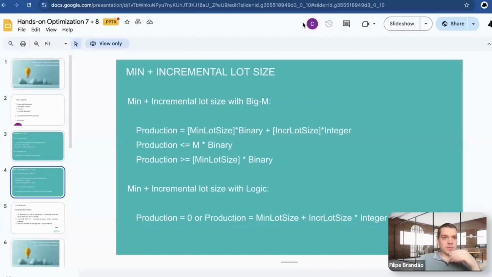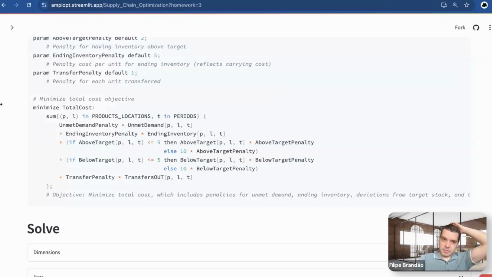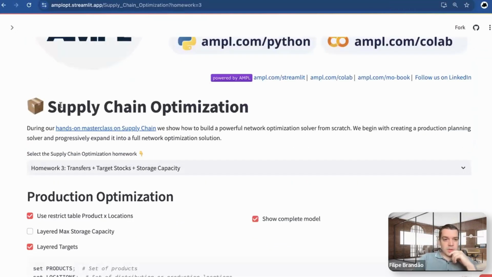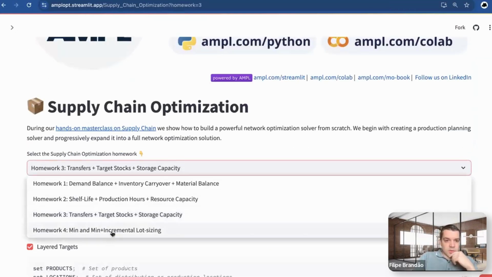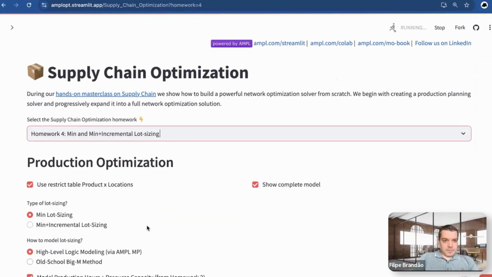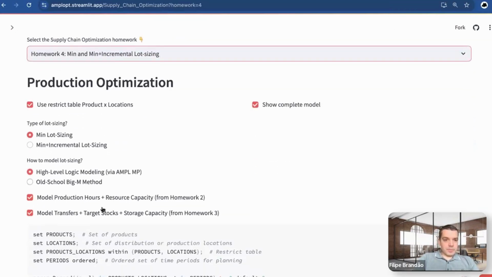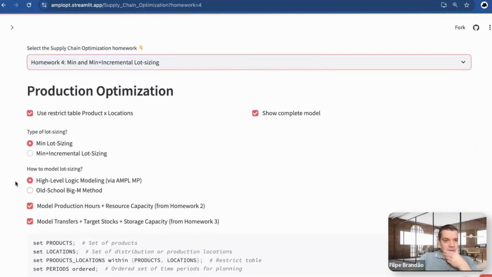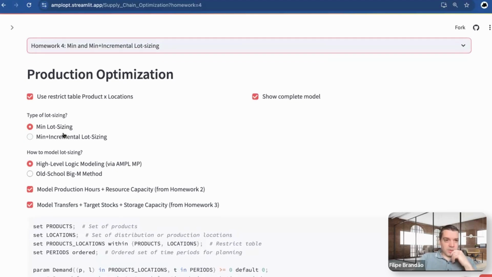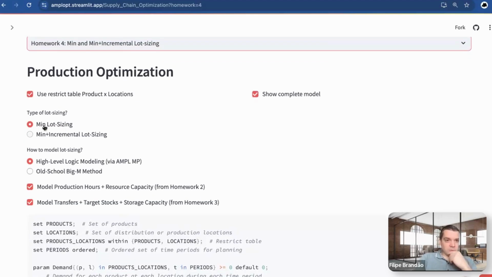Yeah. So let's go again into the app. So homework 4. In here we are giving many options for you to see minimal lot size, minimal incremental, and also both options in terms of how to write it.